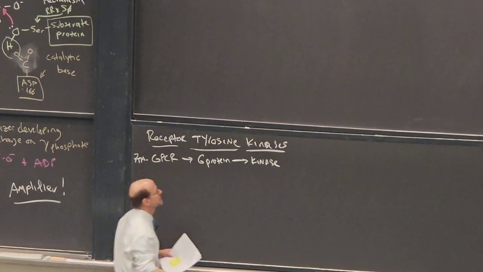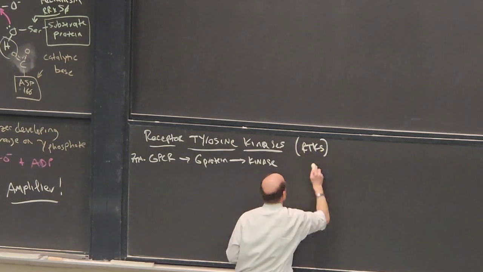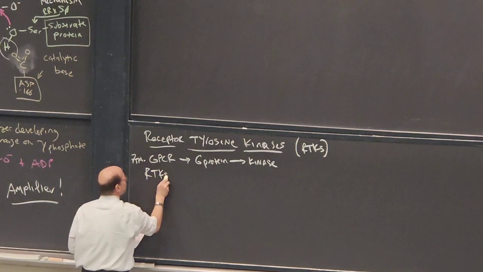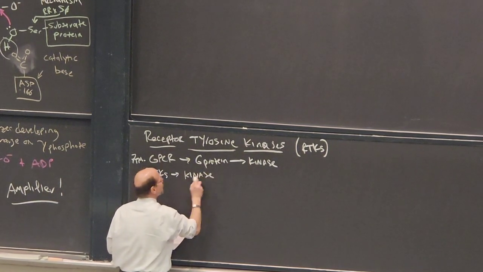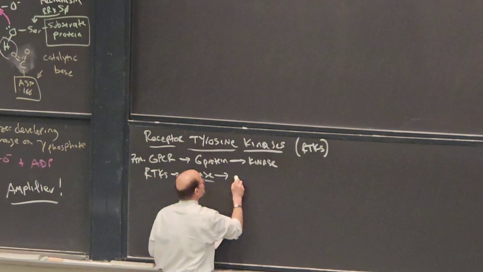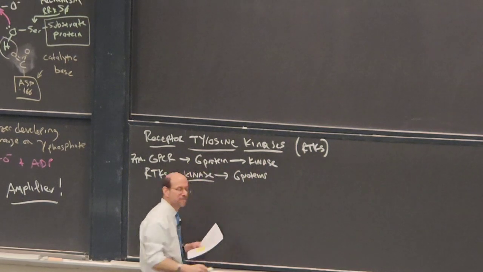Receptor tyrosine kinases, which I'm from now on going to abbreviate as RTKs, work a little differently. RTKs contain a kinase as part of their structure. So the kinase comes first, and then that, among other things, acts on G proteins in an indirect way.